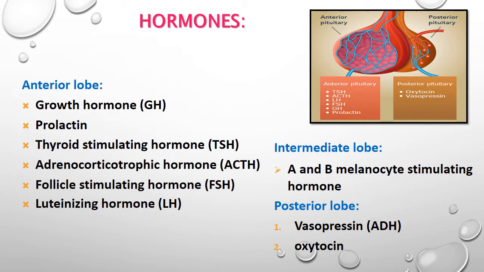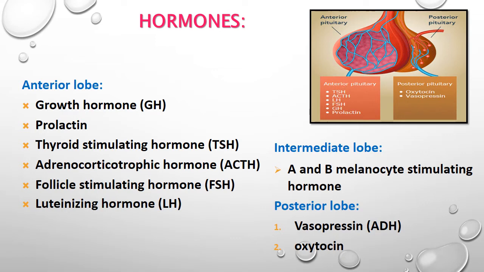Now the hormones of the pituitary gland as per their lobes: anterior lobe, posterior lobe and the intermediate lobe. The anterior lobe secretes growth hormone, represented as GH, then prolactin, then thyroid stimulating hormone, TSH, then adrenocorticotropic hormone, ACTH, then follicle stimulating hormone, FSH, then luteinizing hormone, LH.